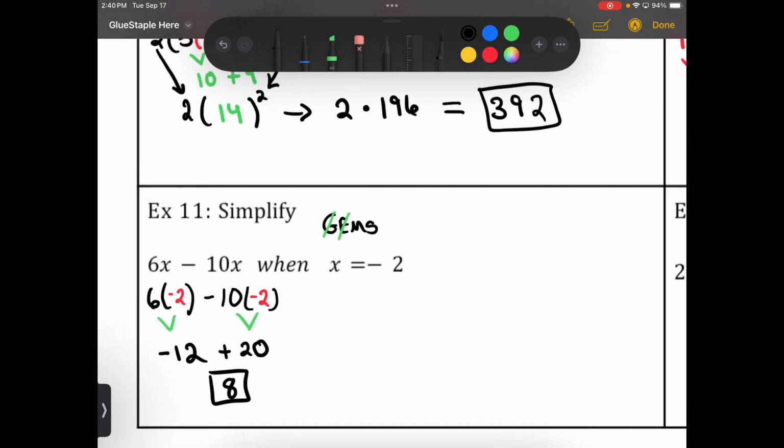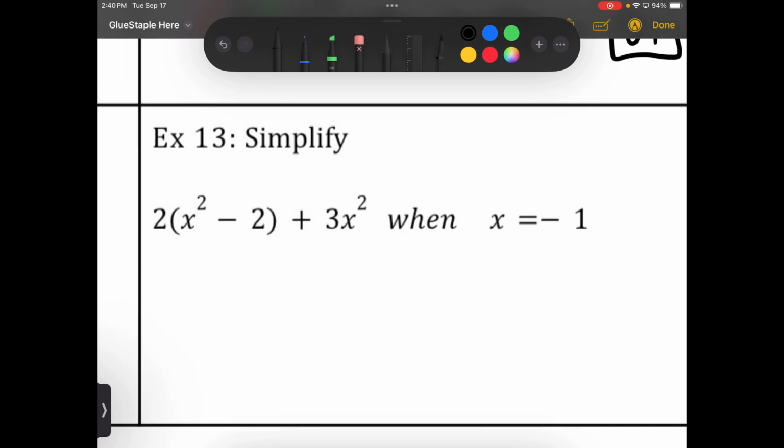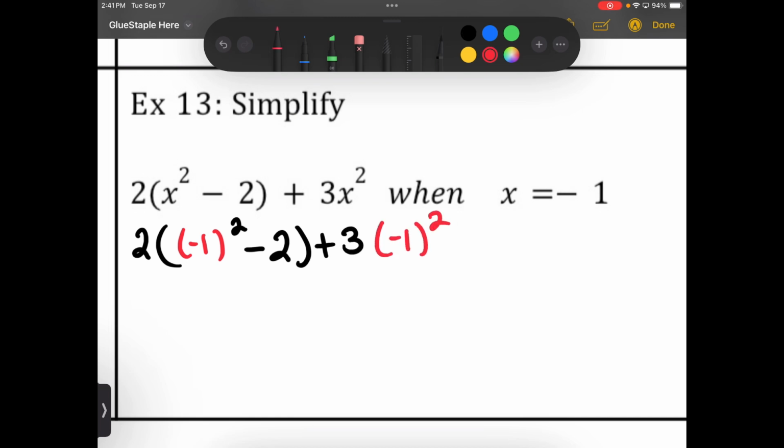Last example, very last one, and we are done. So it says 2 times the difference of x squared and 2 plus 3x squared when x equals -1. First, we're going to substitute by plugging everything in. So every time I see x, I'm going to put -1. 2 times, use parentheses, -1 squared minus 2 plus 3 times -1 squared.